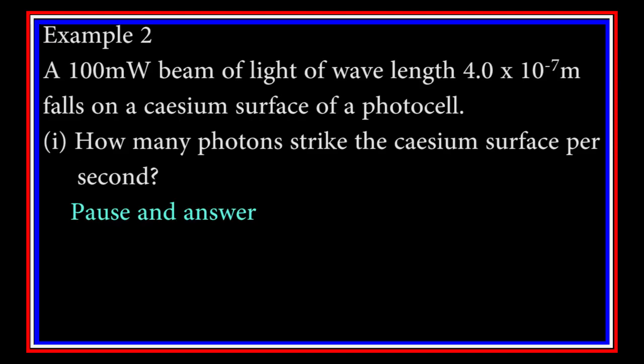Example 2. A 100 milliwatt beam of light of wavelength 4.0 times 10 to the power negative 7 meter falls on a cesium surface of a photocell. 1. How many photons strike the cesium surface per second? Solution.